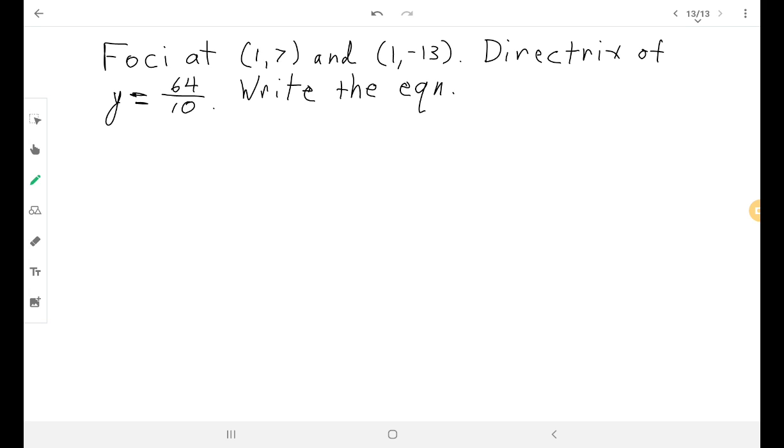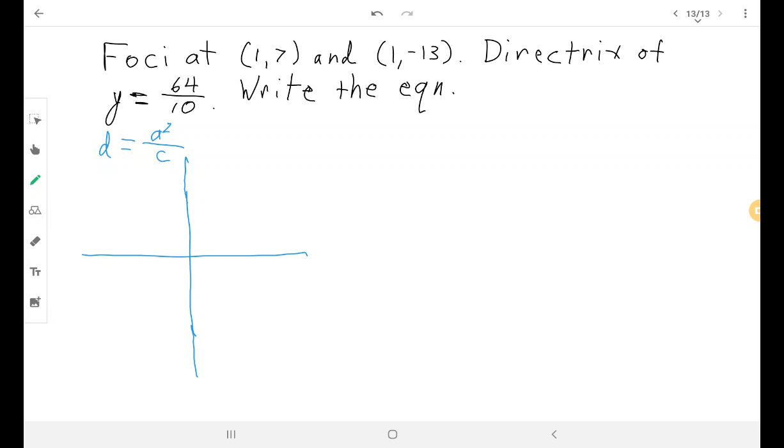So remember, the directrix distance is calculated by a squared over c, and again, I think it's going to be very helpful to sketch things out.